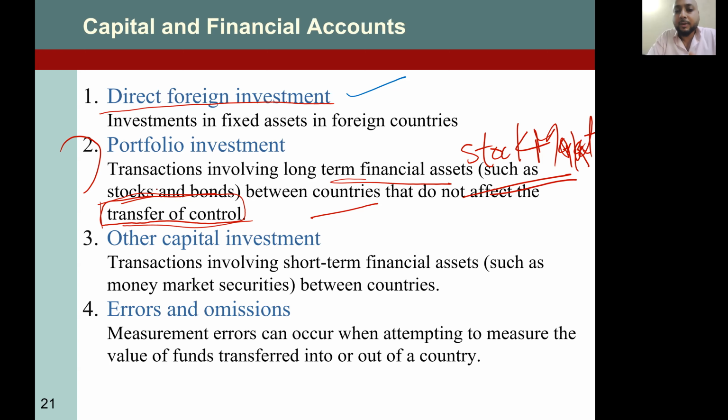So if there is no transfer of control, and a foreign investor purchases the home country's or local country's stocks and bonds, we call this international portfolio investment, and it is recorded in the capital and financial account. Other capital account. So remember, in this case, did you notice something?